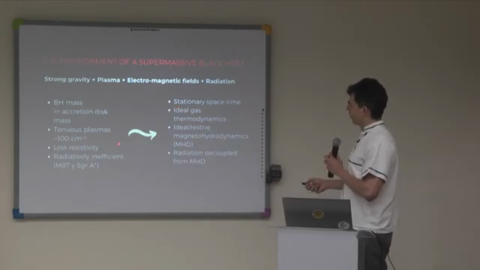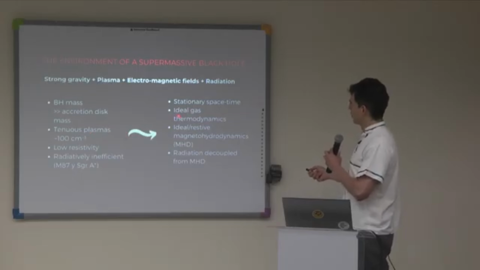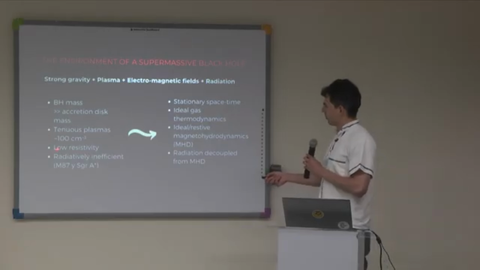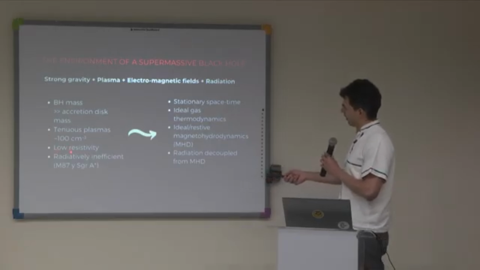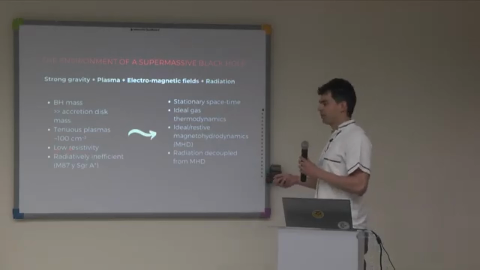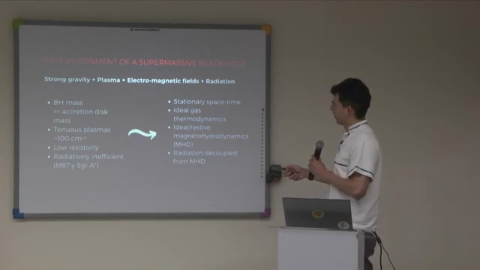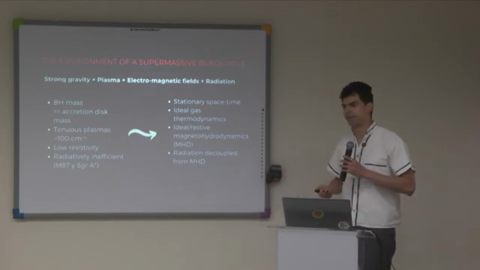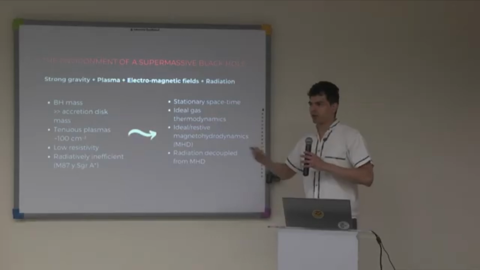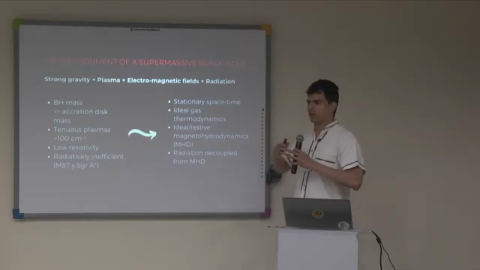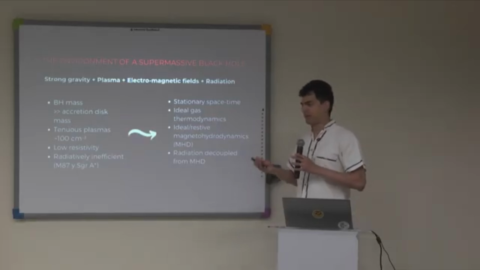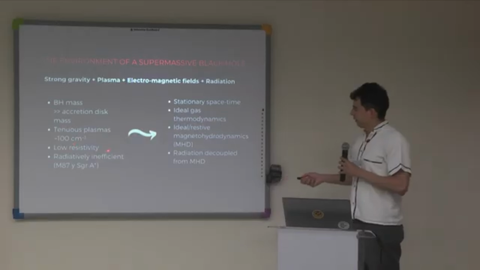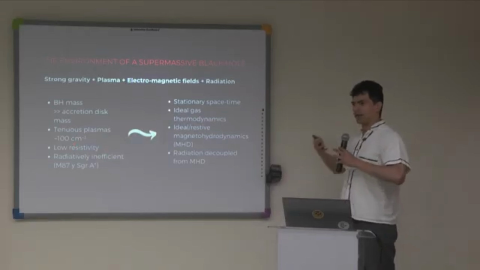Also, the fact that the plasmas are so tenuous allows us to use ideal gas thermodynamics. We also believe that, because of these conditions, that the plasmas are very tenuous, but also combined with the fact that we expect a lot of ionizing radiation around these supermassive black holes, plasma should be very ionized.